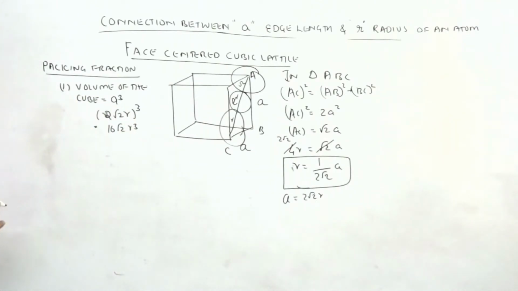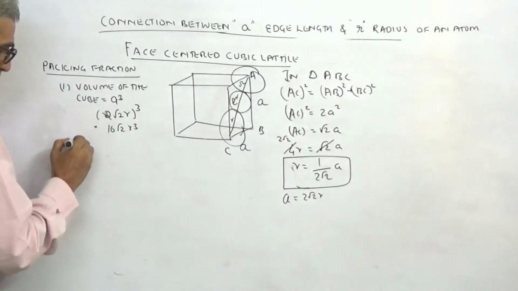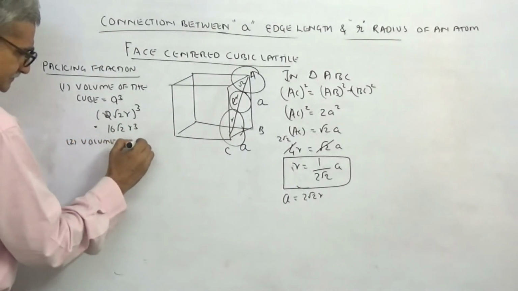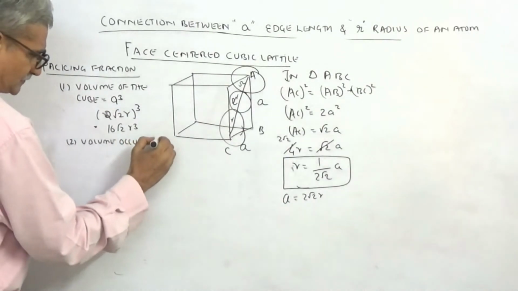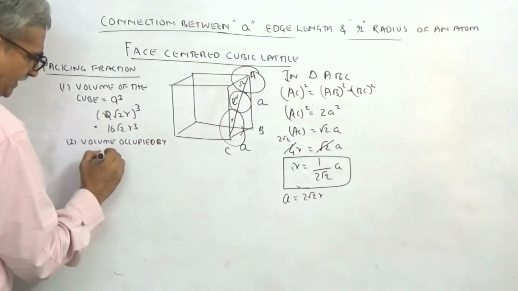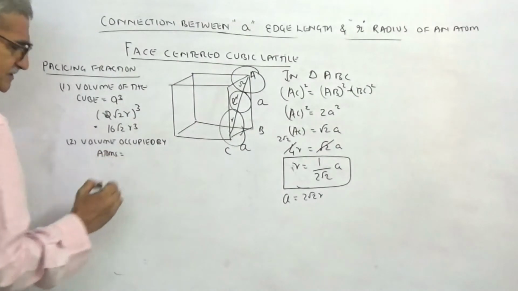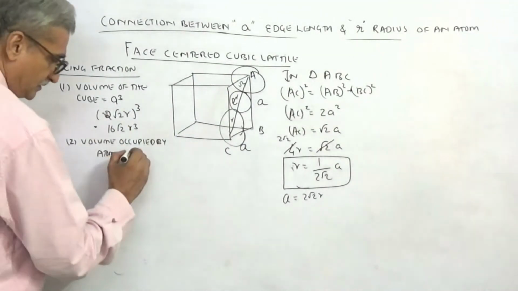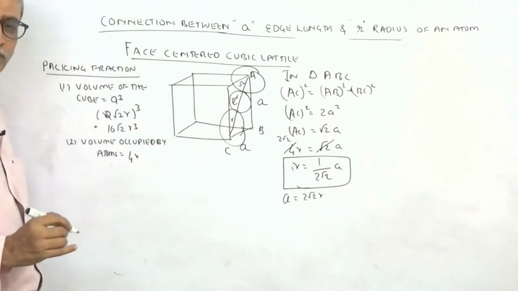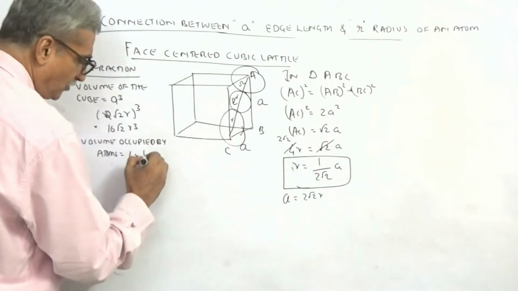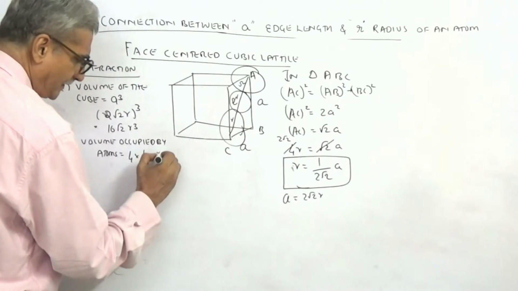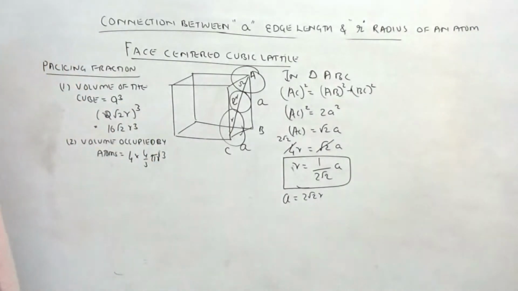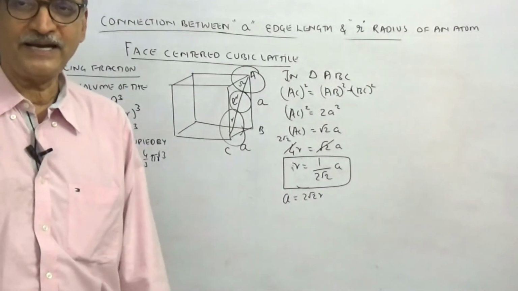How many atoms in a unit cell? Number of atoms in the unit cell is 4. And what is the volume occupied by one atom? It is 4 by 3 pi r cube. One sphere will have a volume of 4 by 3 pi r cube.